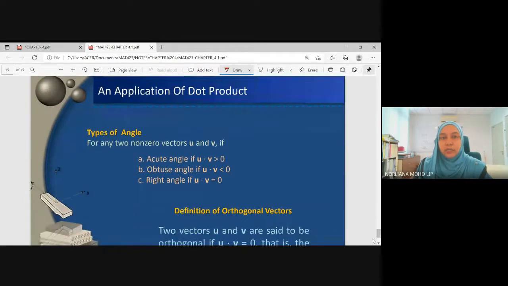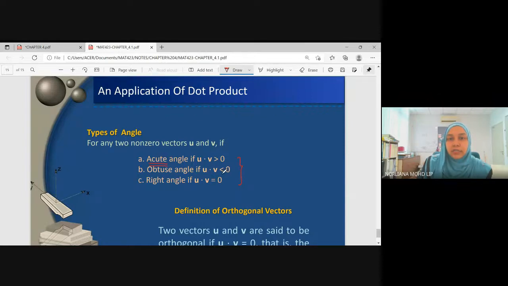Also, we can find the types of angle between two vectors based on this theorem. If U dot V is greater than 0, it is an acute angle.